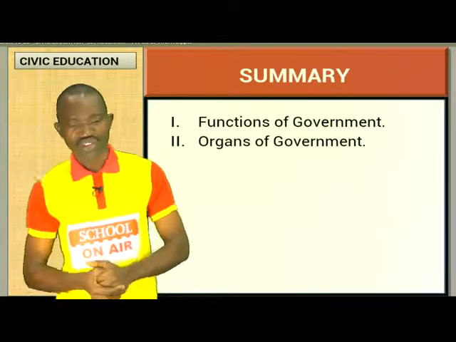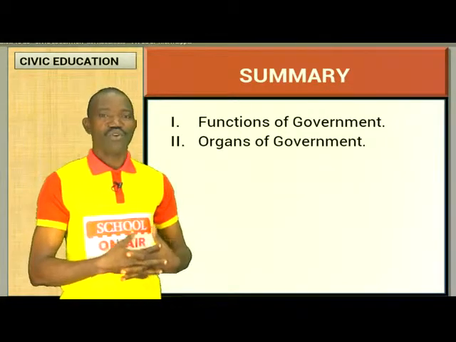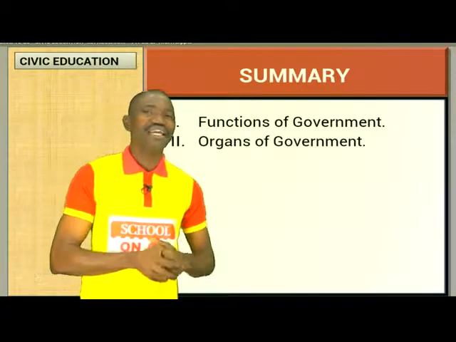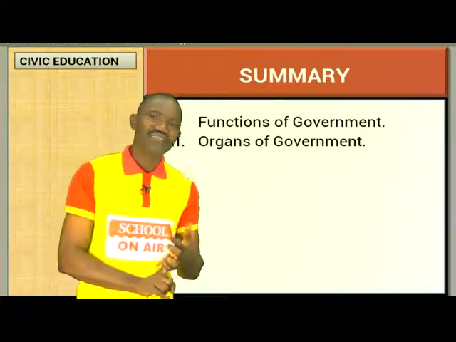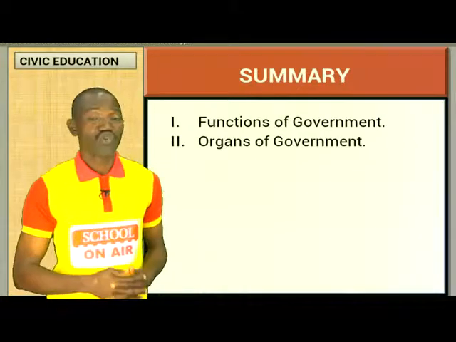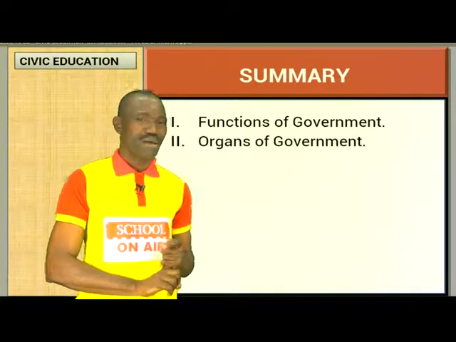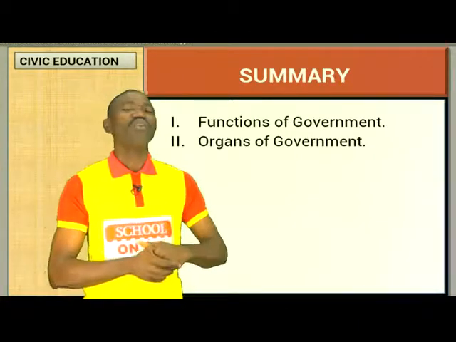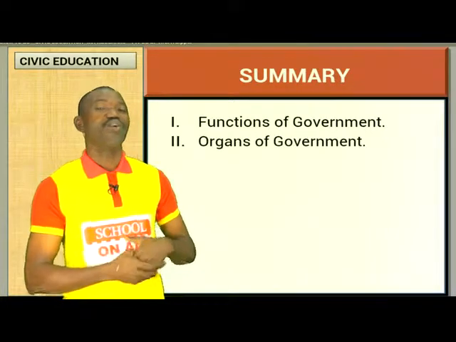We talk about organs of government and their duties, more especially the legislature. We talk about the legislature at the federal level, that is a bicameral legislature, whereby we have two houses of assembly. The Senate, also known as the upper house, and the House of Representatives, also known as the lower house. The Senate comprises 109 members, 3 senators from each state, making 108, with a senator representing the FCT, making 109.